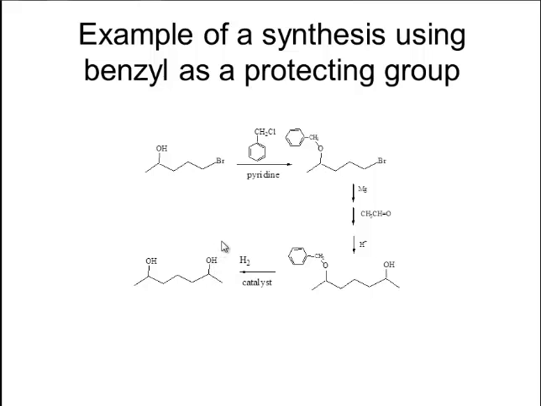But you remember that you can't do that normally with Grignards if there's an OH somewhere else in the molecule. So what we've done is we've masked the OH by putting a benzyl group onto it. Then we did the Grignard reaction here, and then we unmasked it, or what's called deprotecting it, taking the benzyl group back off again using this new reaction that we've just learned, the hydrogenation of benzyl ethers.